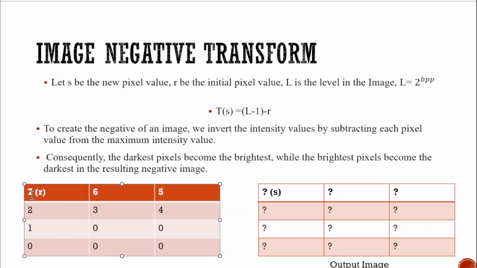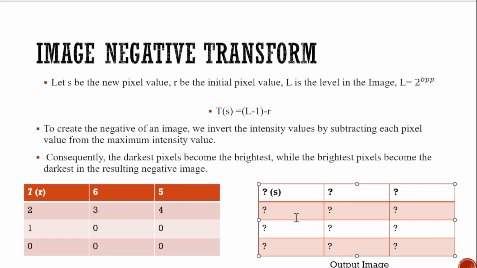Each pixel, 7 is a pixel, 6 is a pixel, 5 is a pixel. Each pixel of the given image will be represented by R, and each pixel of the new image will be represented by S. We don't know the output pixel for the new image, because we are yet to apply the transform.